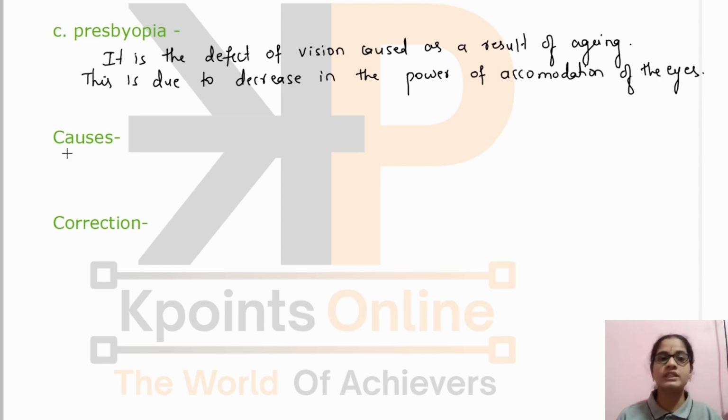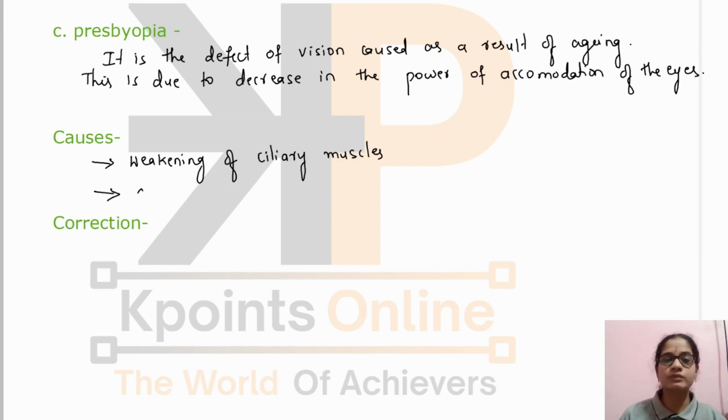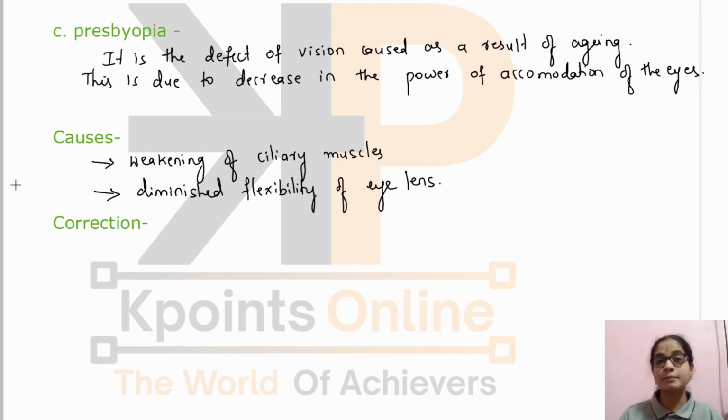Why is it caused? It is due to the weakening of the ciliary muscles and also diminished flexibility of the eye lens. And in many cases, people after aging suffer from both hypermetropia and myopia.